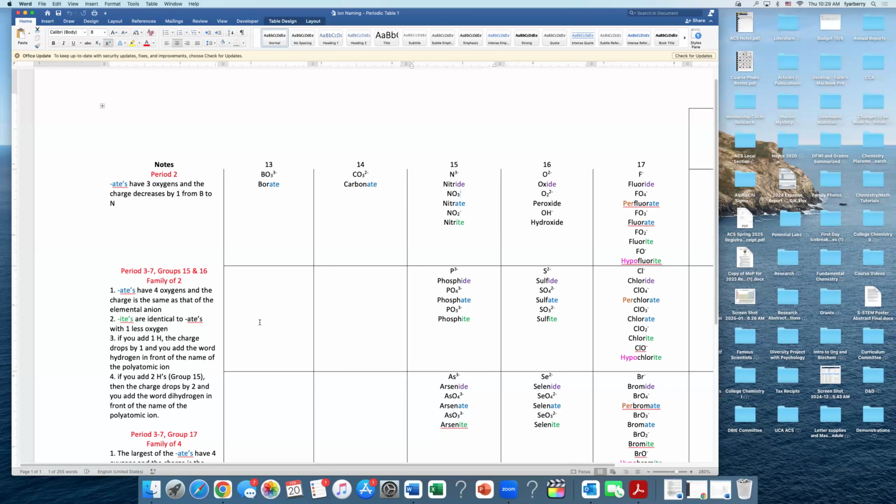Now, no 2 ions can have the exact same name. Because no 2 ions can have the exact same name, we cannot use just ATE and ITE. We have to use something else along with the ATE and the ITE. And that something else is a prefix for the largest and for the smallest of the polyatomic ions in group 17.